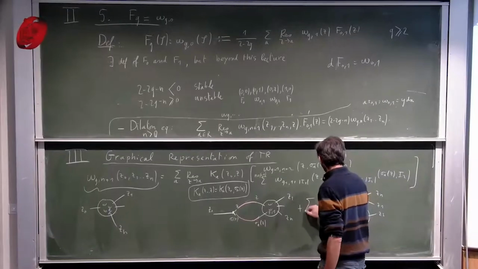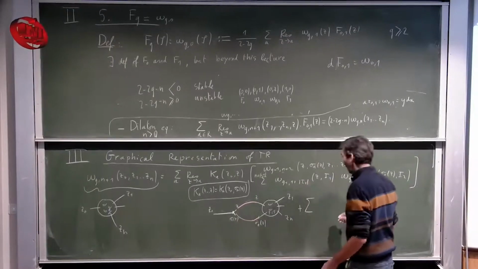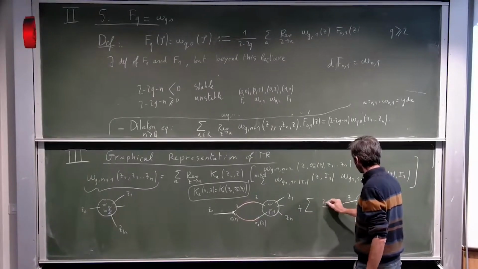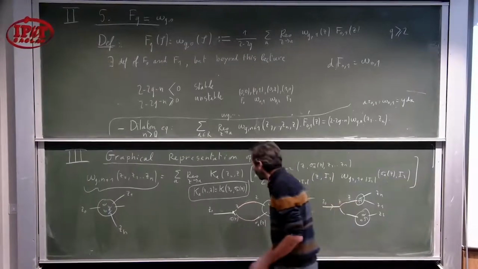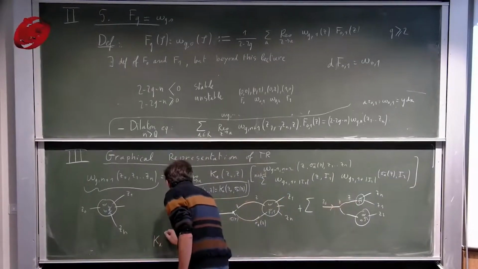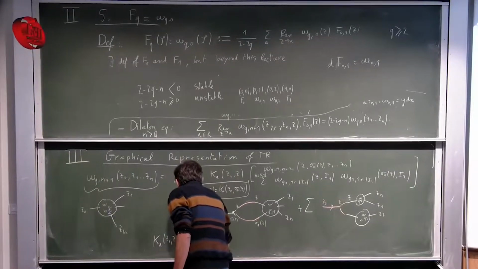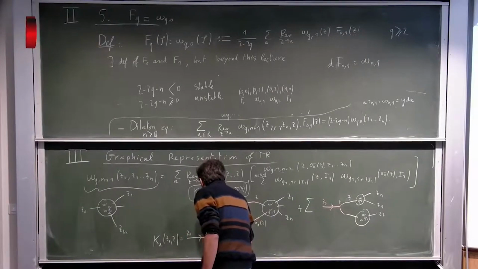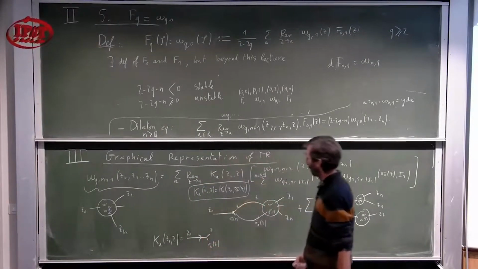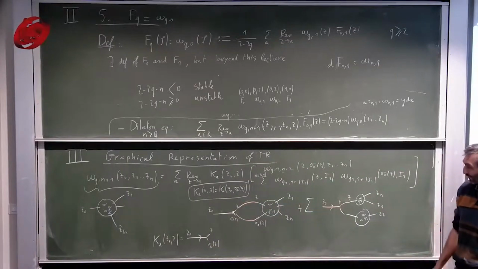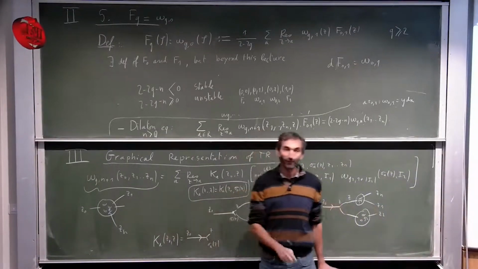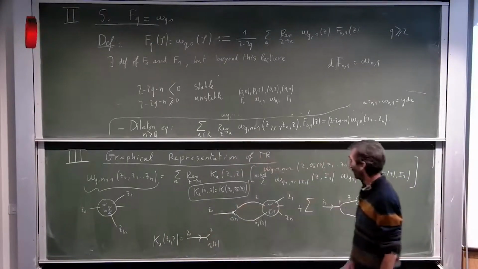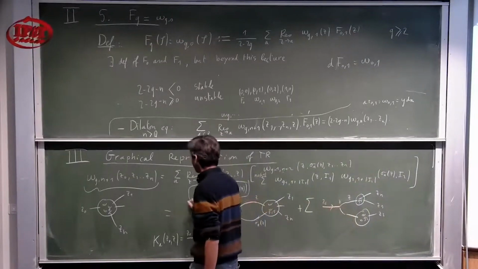Plus, here you have again this sum, and here again the kernel K. Let me represent it like this. It is just a mnemonic representation. So basically, this picture means this function. And this is the topological recursion formula written graphically.